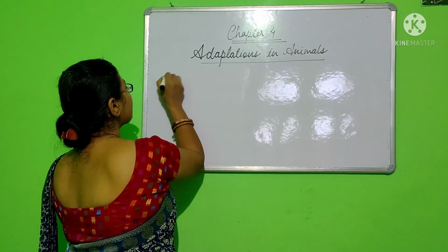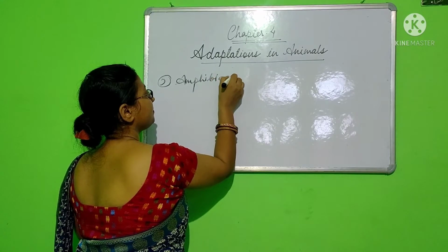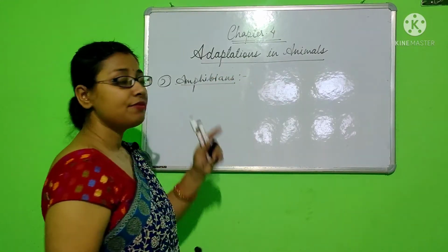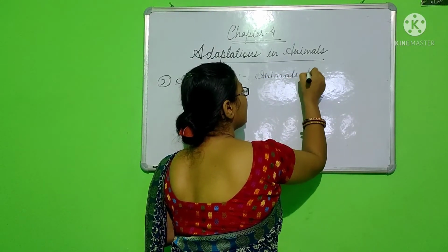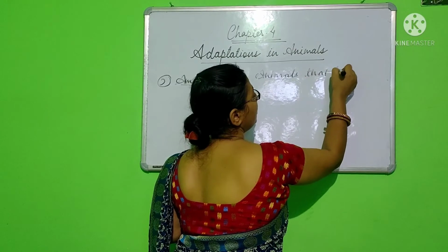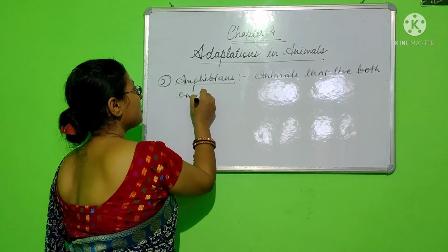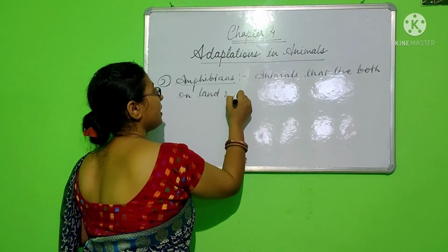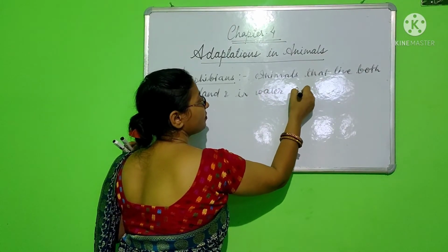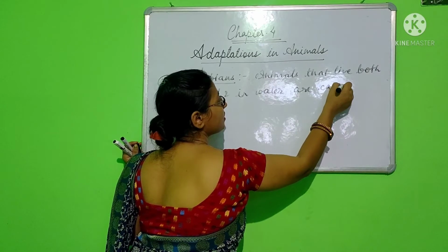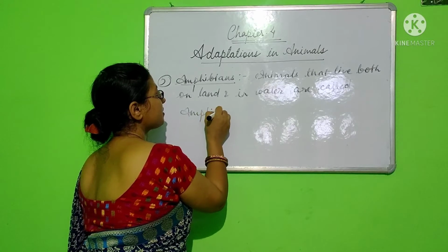Those animals are called amphibians. Animals that live both on land and in water are called amphibians.